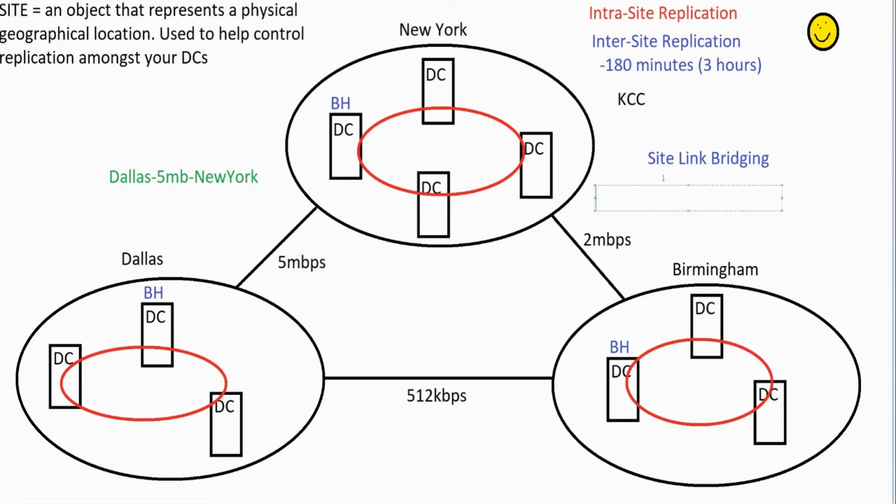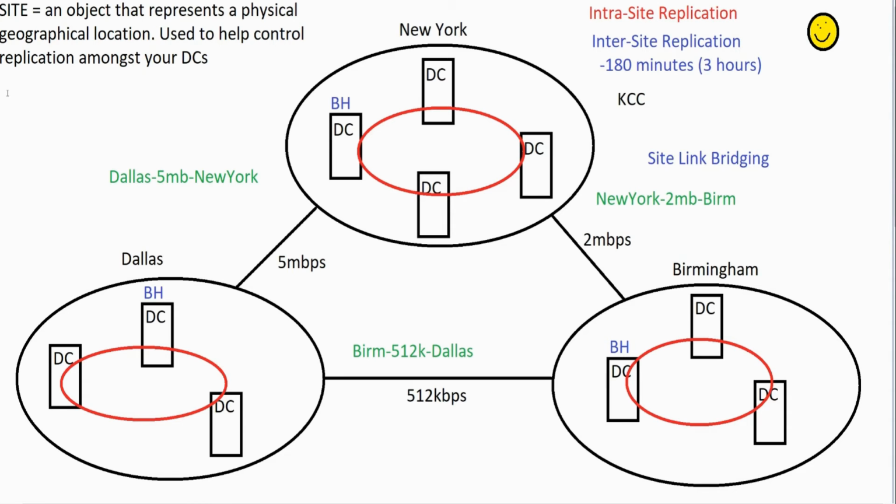Then we'll call this one New York-2MB-Birm for Birmingham. The 2MB just represents the speed. It's just a name anyway. You can't have any spaces when you name it. And then this connection here, we'll call it Birm-512K-Dallas, and that's just going to represent the object that is known as a site link.